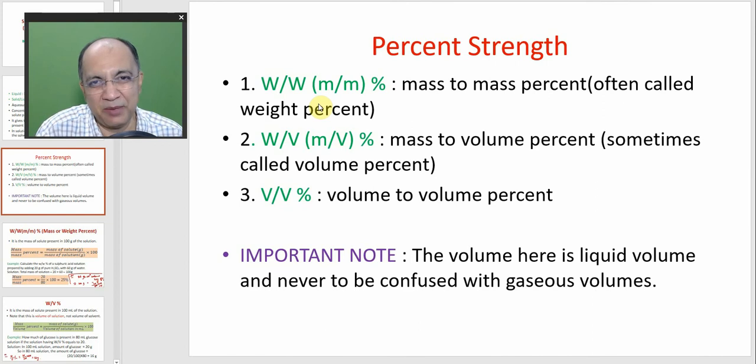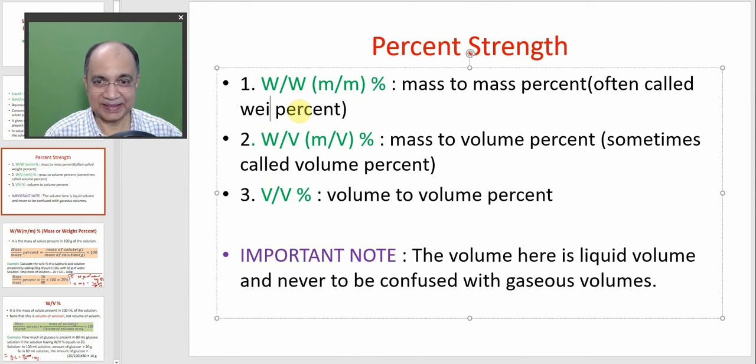So I refrain from using the word weight. And I think in some places I might have done it by mistake. But most of the time I try to say mass for weight. So this is the mass percent, M by M or W by W. It is often called weight percent or mass percent.